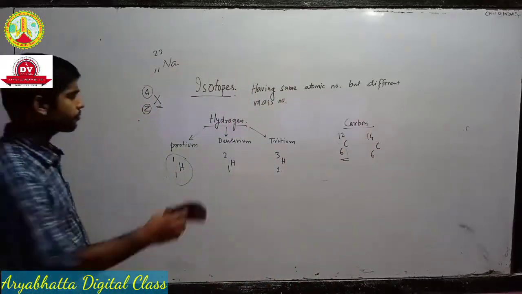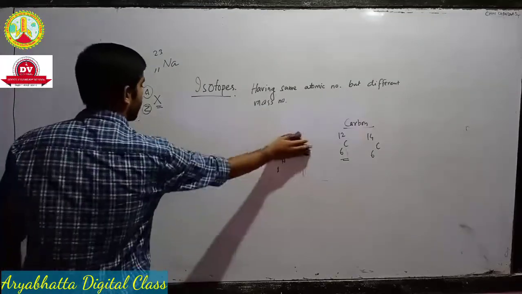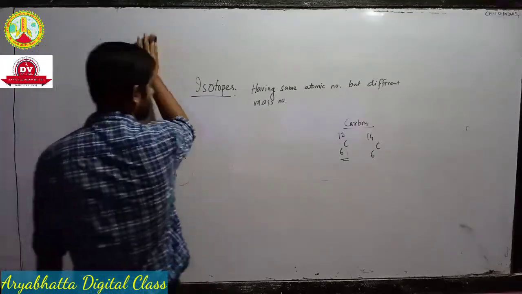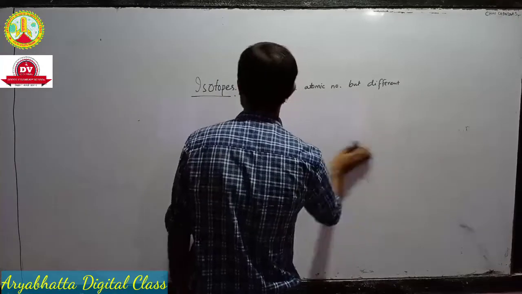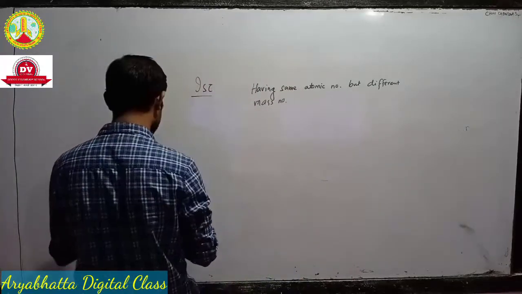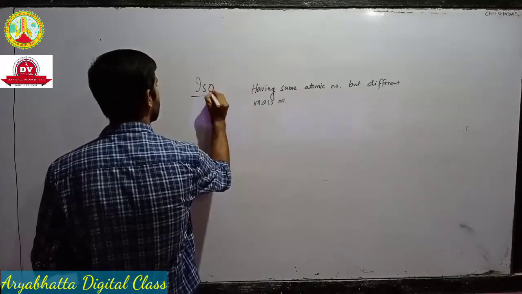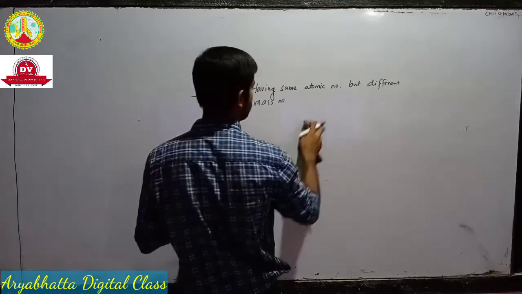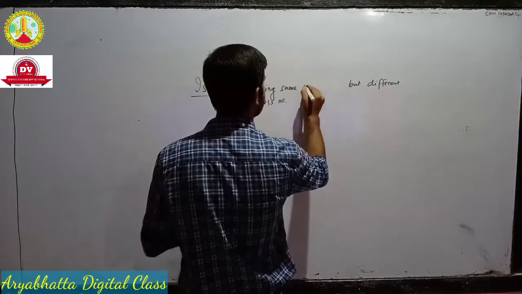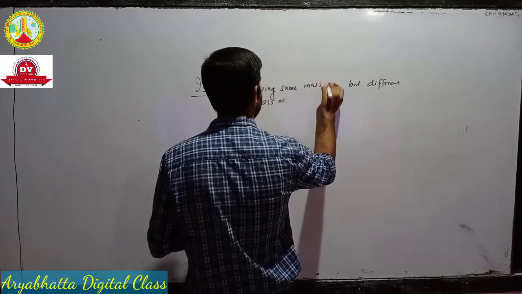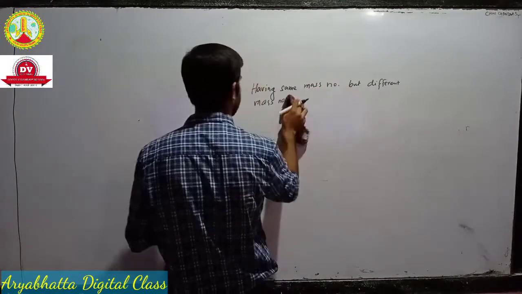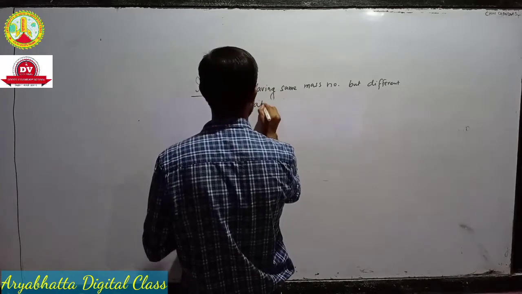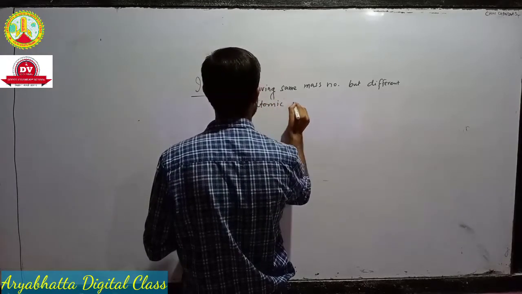Then we have another concept called isobars. Isobars are those which have the same mass number but different atomic number.